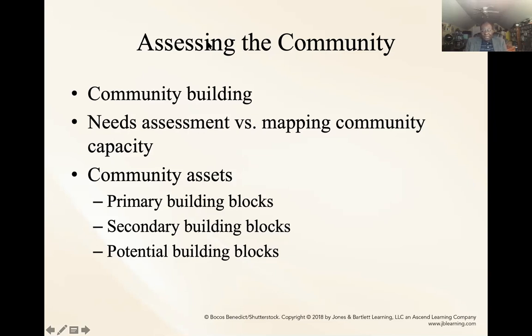So when you are really planning, you plan for everything, A, B, C, D. And there's always something that you can either forget or ignore. Always make room for you to go back and address some of those issues. You have community assets, you have primary building blocks, secondary building blocks, and potential building blocks.